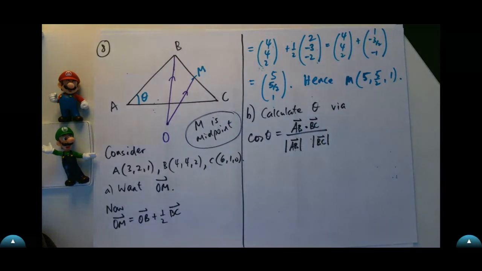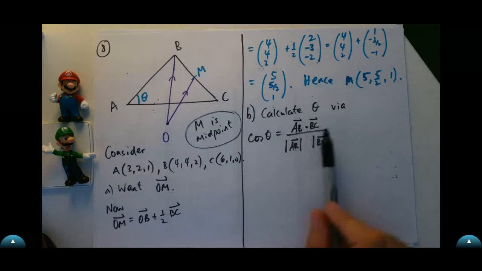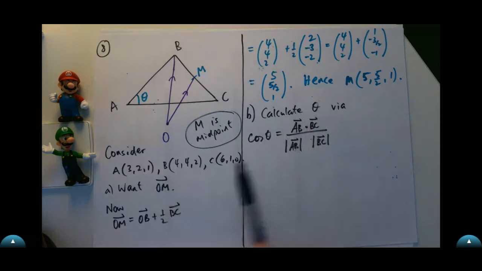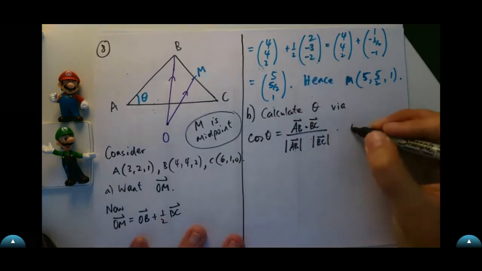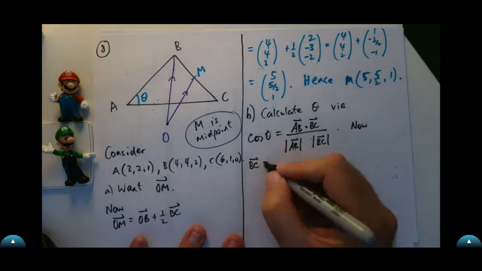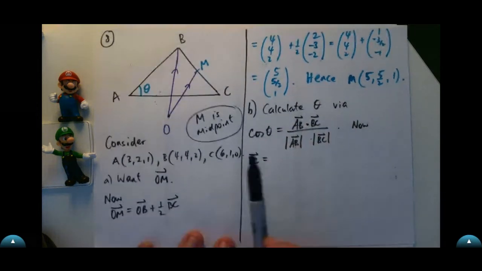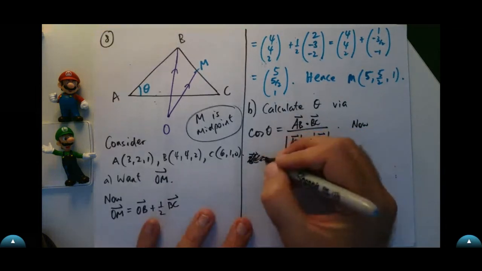Okay, so let's take the dot product and see what happens. I need to compute AB. I already have the vector BC, so that's easy. So the vector BC is the vector AB. That's what I want.